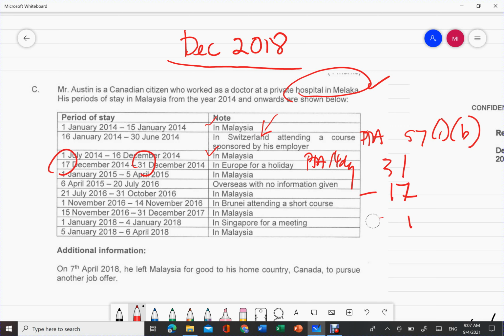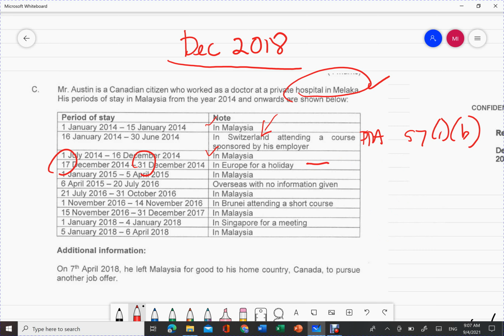So to make things easier, we just do 17 plus 1 and subtract 16. So here 31 minus 16, you are going to get 15 days. He was in Europe for a social visit of 15 days. That means this period is not a permitted temporary absence. So this is a period where he was not in Malaysia at all.